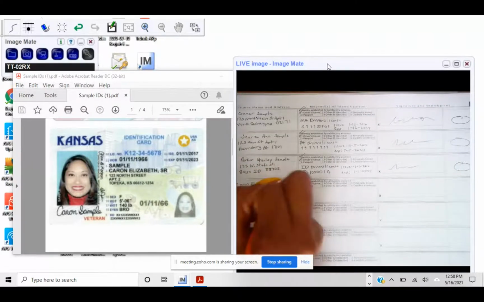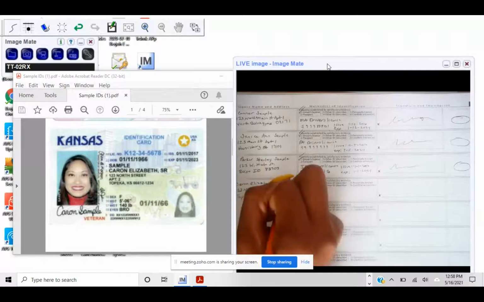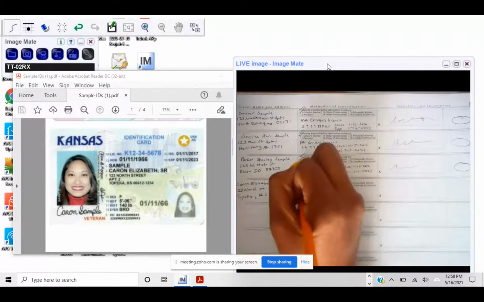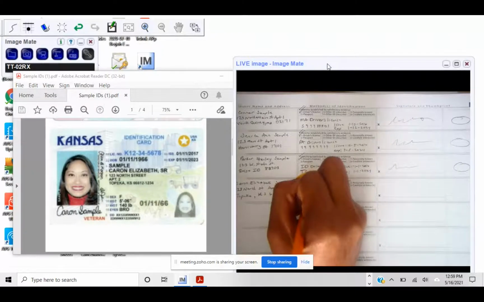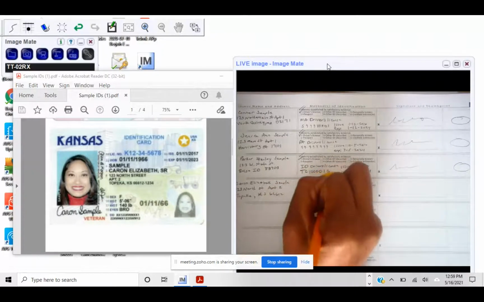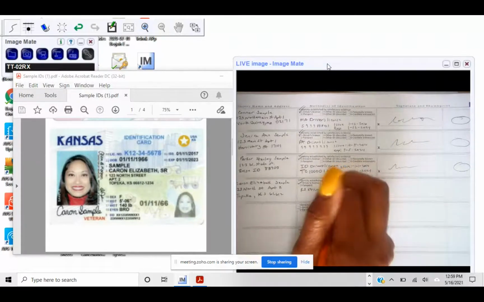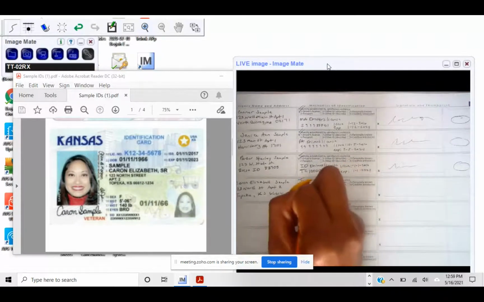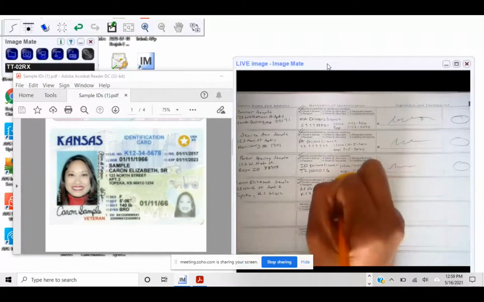Topeka, Kansas. Okay, driver's license. Driver's license number 1, 2, 3, 4, 5, 6, 7, 8.